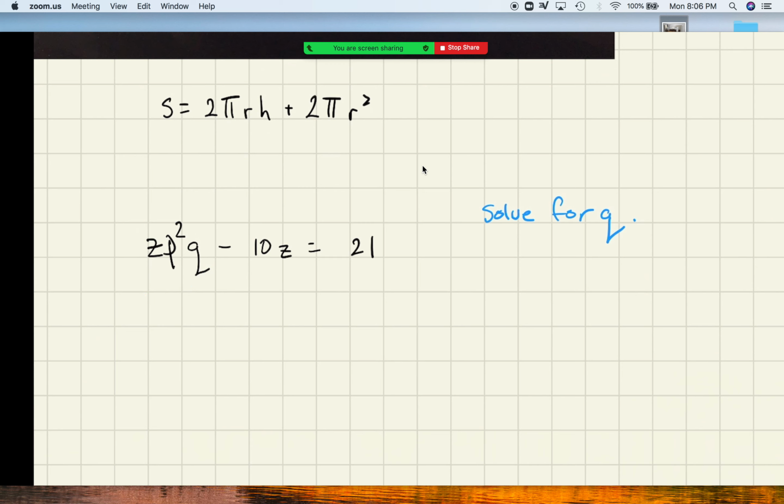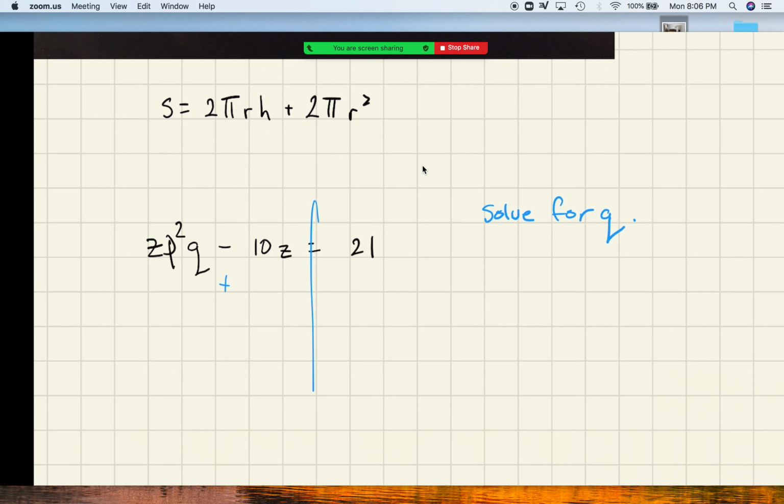I guess there's three terms because there's this 21 over there. But to get the q by itself, we're looking at the same side of the equal sign as the q is. So the left side, because q is on the left side of the equal sign. And you deal with the thing furthest away. So that would be this minus 10z.